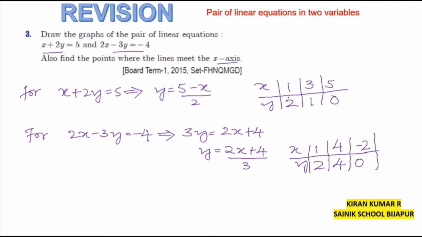Now you can compare these two tables. The lines must intersect at 1, 2, but then there is another sub question where the line meets the x-axis that we need to find out. I will show you how the graph of these two equations looks.